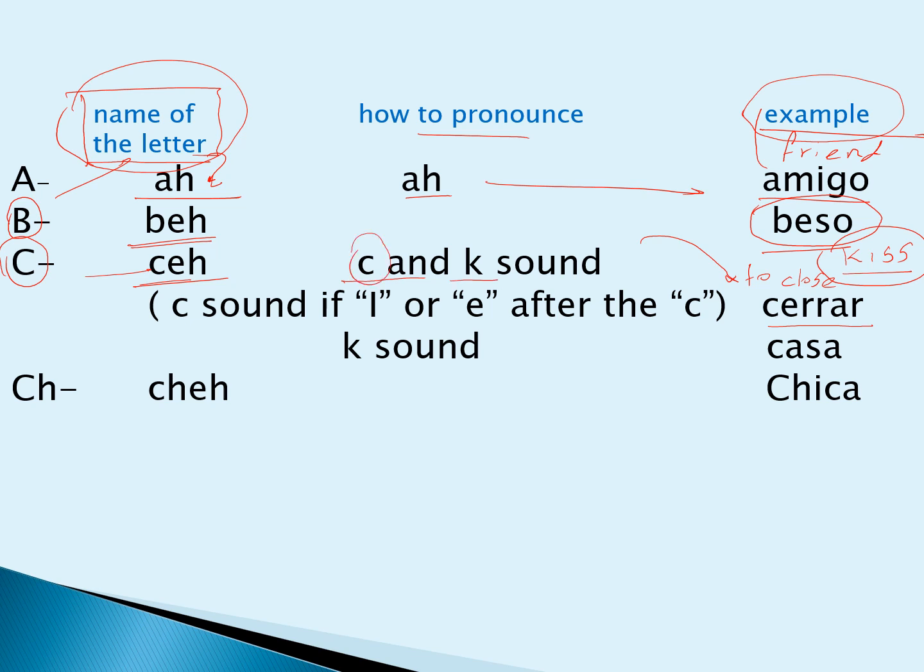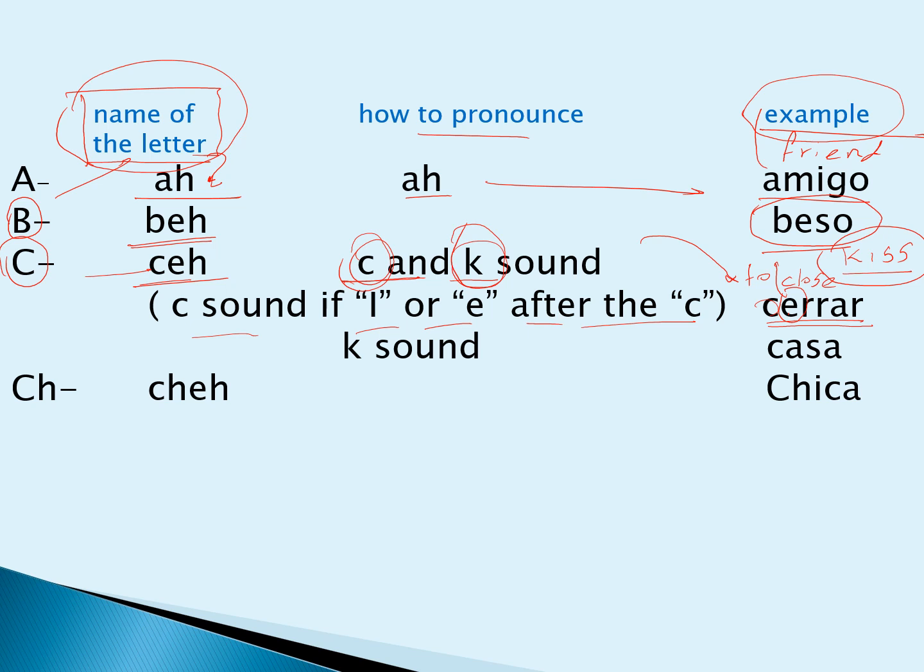We already learned how to pronounce it in the first session. The C sound if I, O, E comes after the C letter. Here after the C letter, the letter is E. So C sound, cerrar.